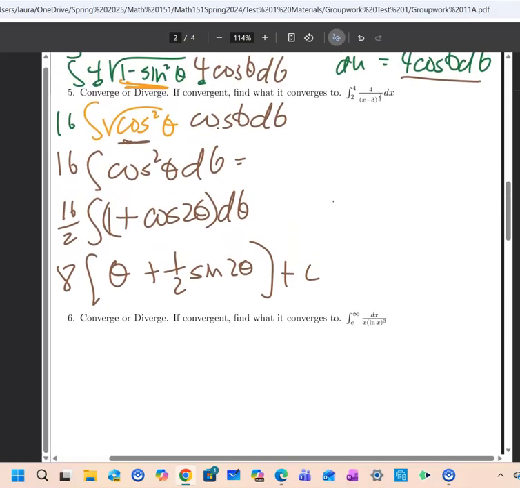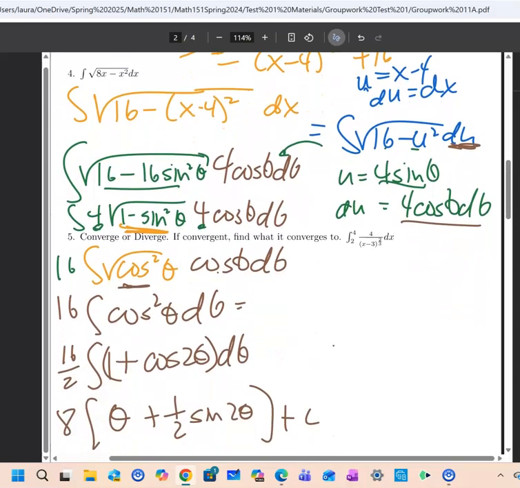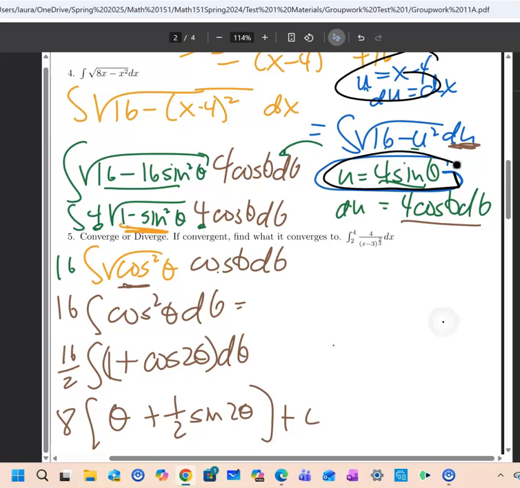All right, so I need to get back to x's. Let's see what my original substitution was. Let's start with u over 4 is sine of theta.